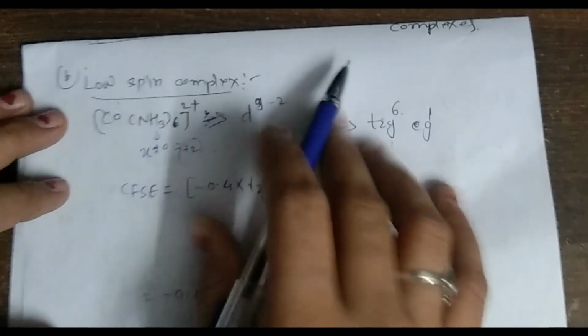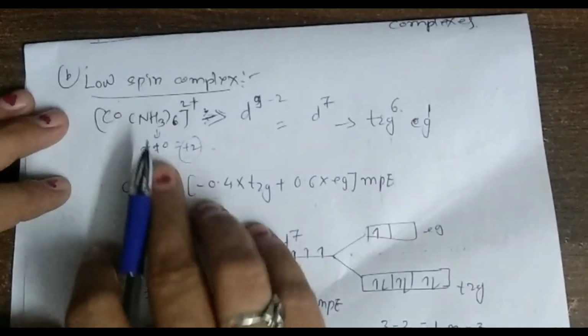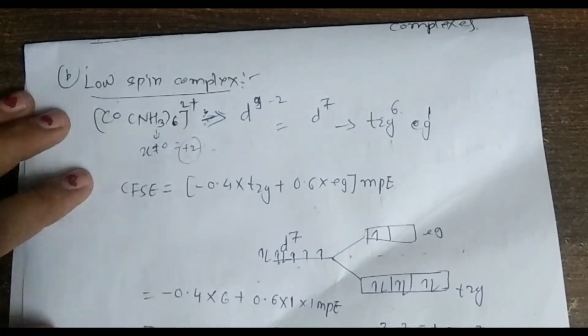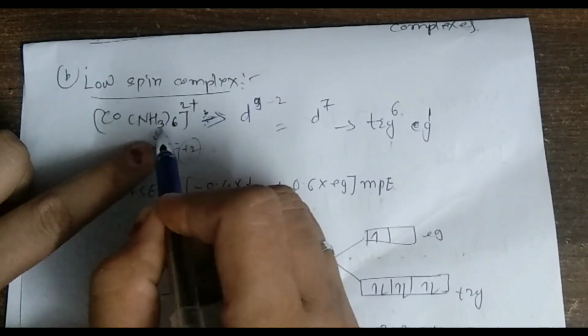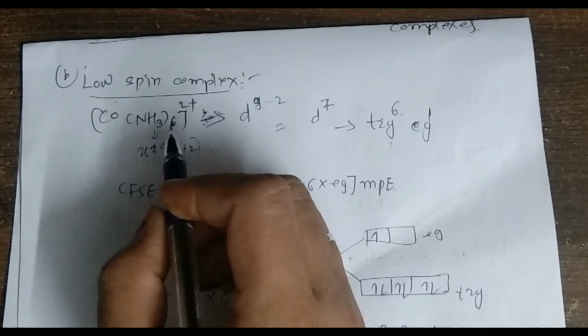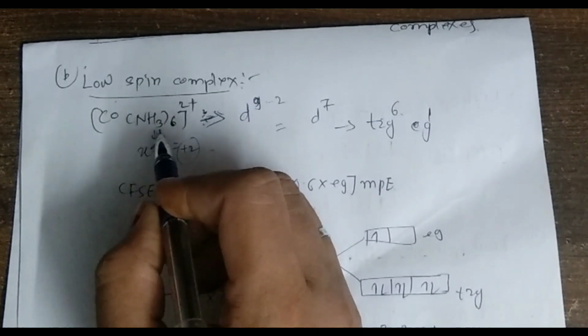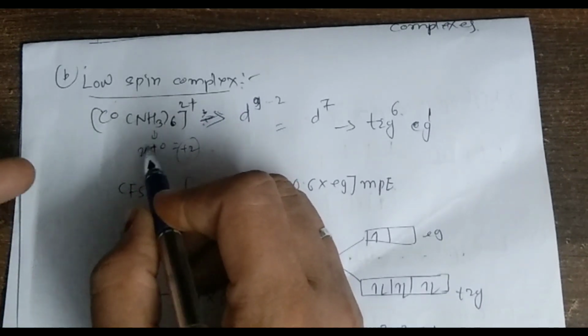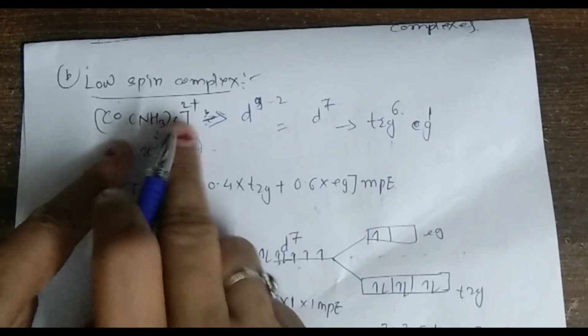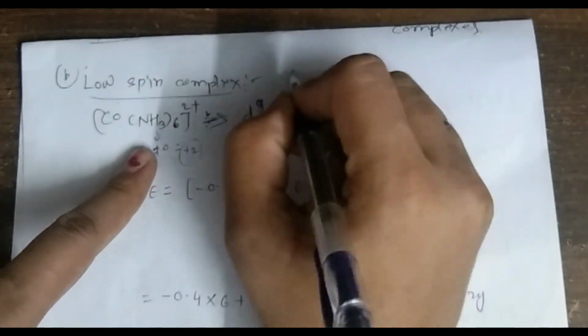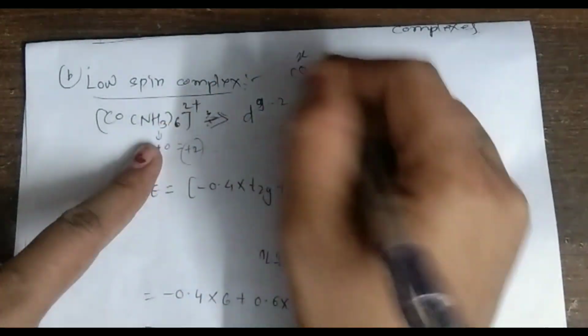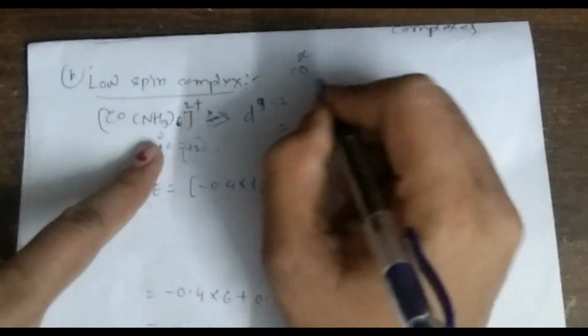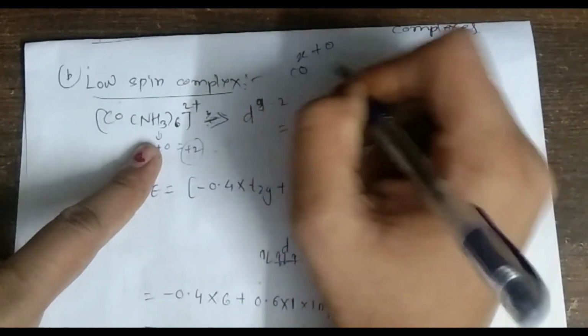Now we will see an example of a complex in which the ligand is not a strong ligand; we can say it is a weak field ligand. We know ammonia is neutral in nature, so if we calculate the oxidation state of cobalt, we consider it as X. The ligand ammonia is neutral, so we consider it as 0.